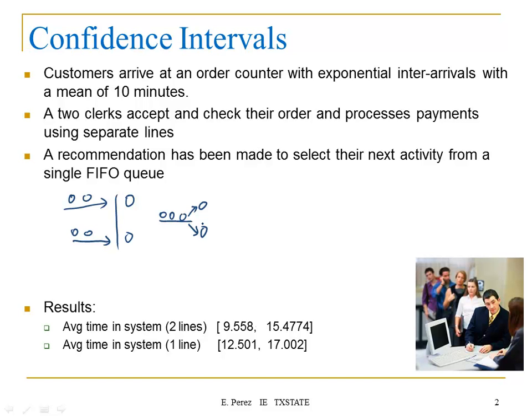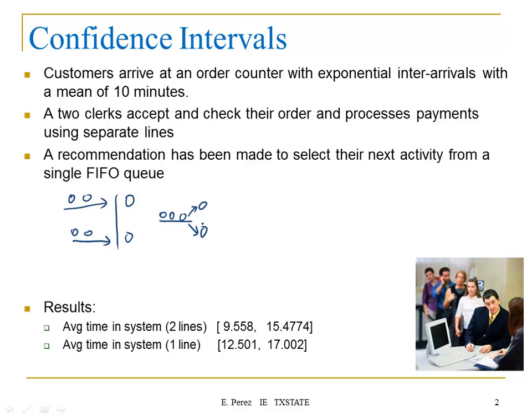And here were our preliminary results. So for the system with 2 lines, we found that the confidence interval for the average time was this. So customers were waiting from 10 to 15 minutes on average. So the confidence interval was telling us that the actual population mean was within these two bounds.